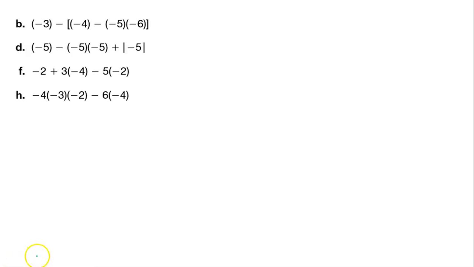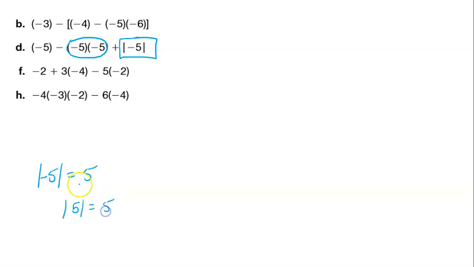All right, let's do D. So we have negative 5 minus, we're going to need to multiply this. And then this is a symbol of inclusion, but it's different. This is absolute value, okay? Remember, absolute value turns anything inside of it positive. So the absolute value of negative 5 is 5, and the absolute value of 5 is 5. It always comes out positive. It's distance from 0. So let's see what we have.